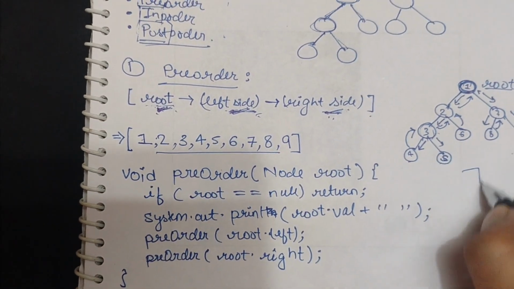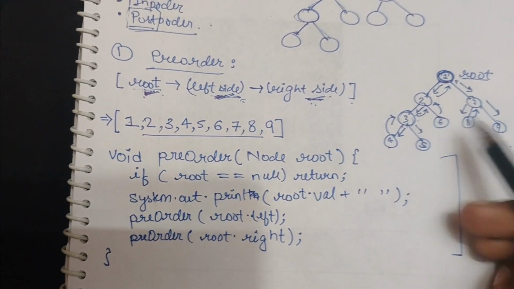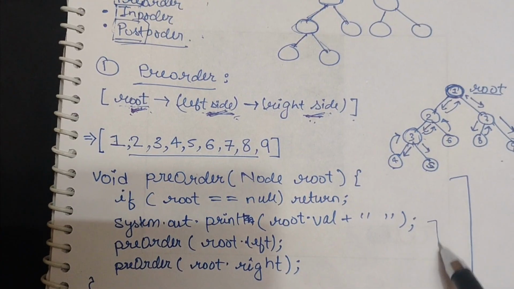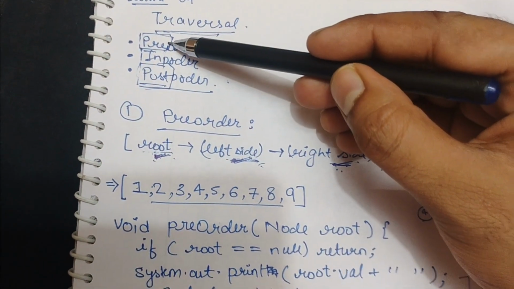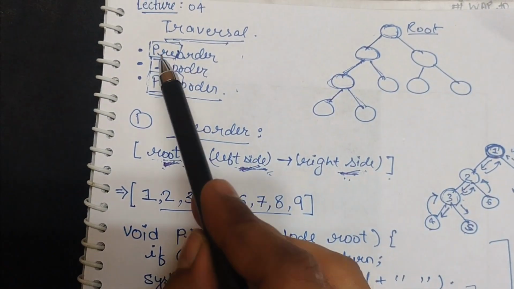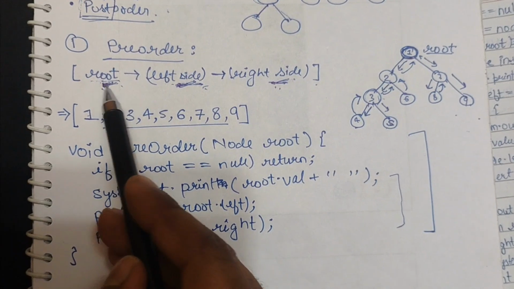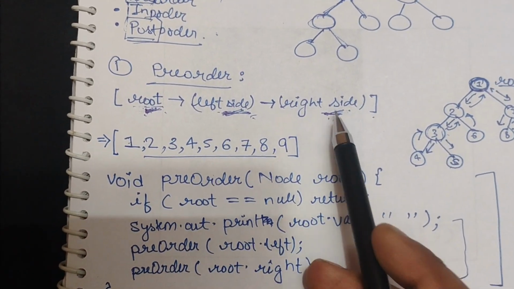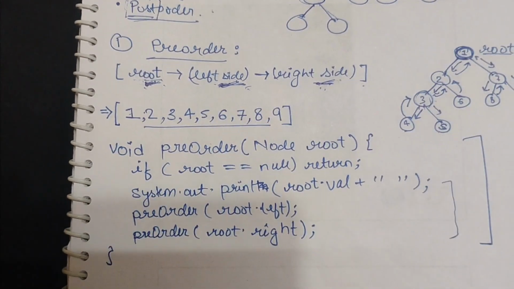So this entire code will execute the pre-order traversal, by looking at just these 3 lines. Pre-order, the name itself is a hint: we first visit the root, that is pre, then left, then right. So I hope you get the pre-order traversal well.